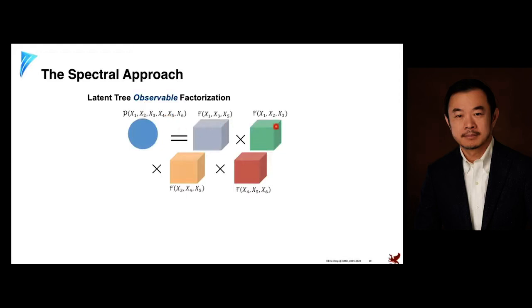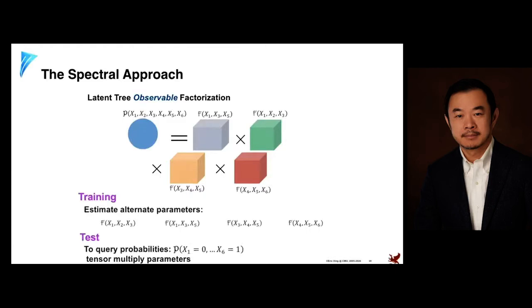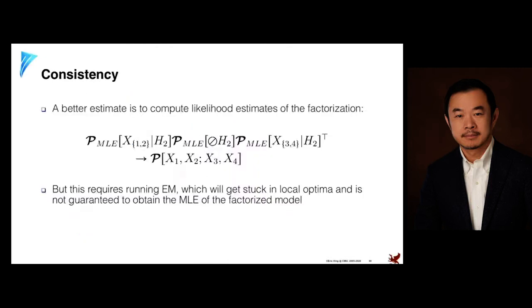You divide them into a product of all these blocks, which can be directly estimated from the observation. So in the training, you just compute this, and in the testing, you query the probability with any observation sequences. Okay, and that of course amounts to just very easily a sequence of tensor multiplications. Okay, no hidden variable is needed, and this model is still consistent.